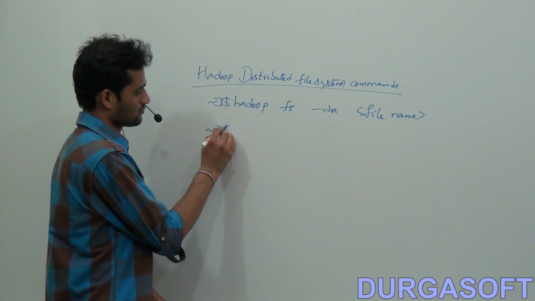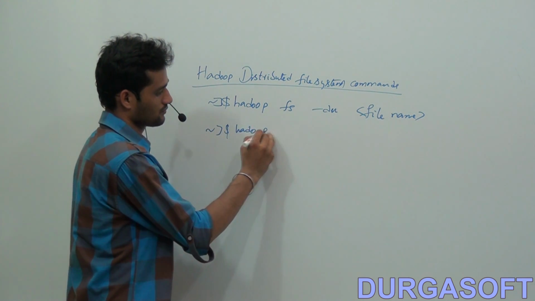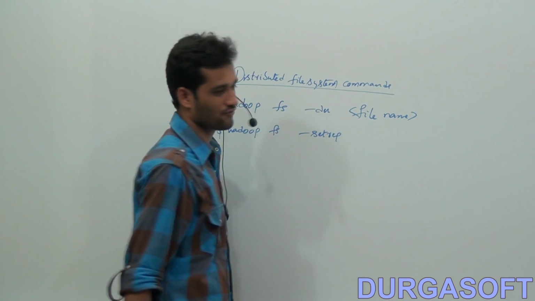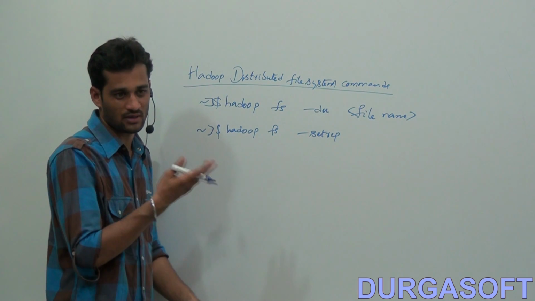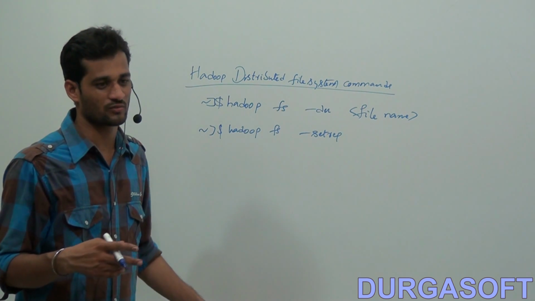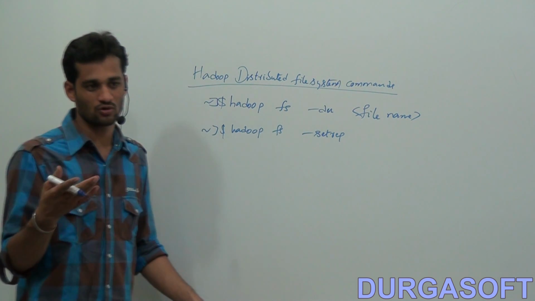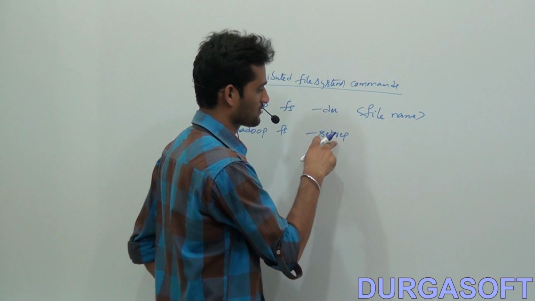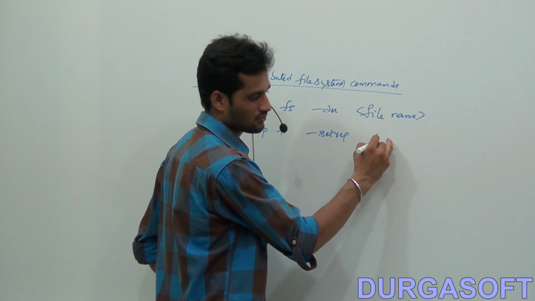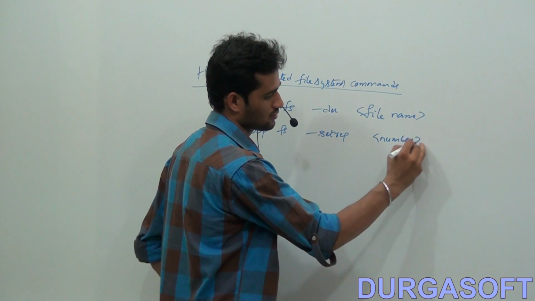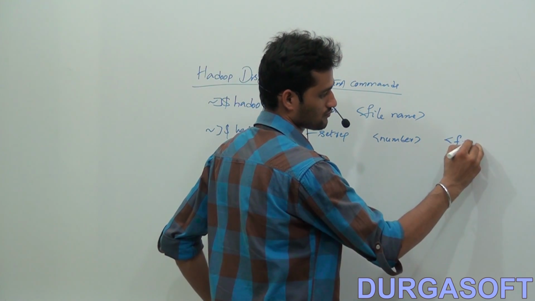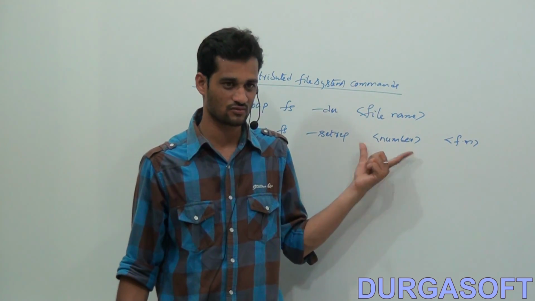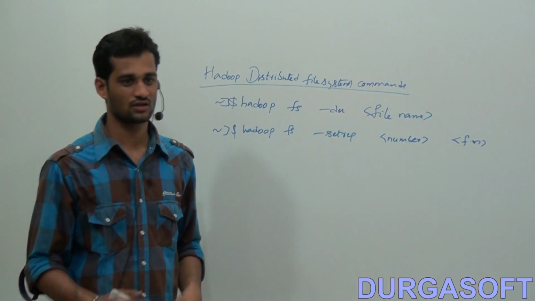Another one is hadoop fs -setrep, meaning setting the number of replications. By default, how many replications will there be? Three. If you want, you can make it more or less. So here you use -setrep and give a number for this file name. For this file I want to set the number of replications only for that file, not for all files in your HDFS.